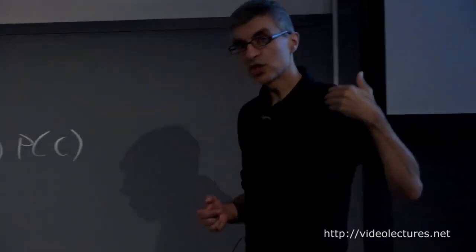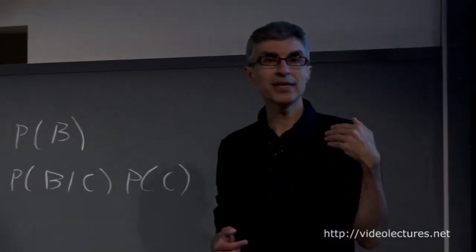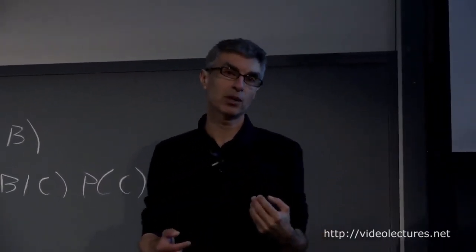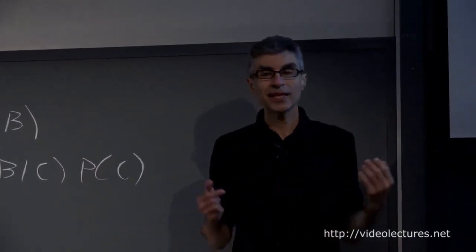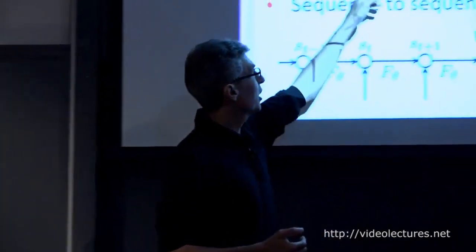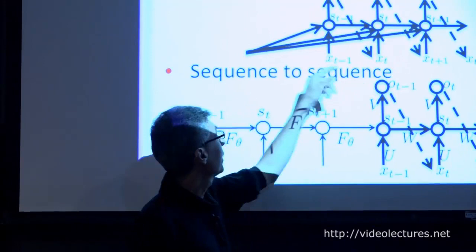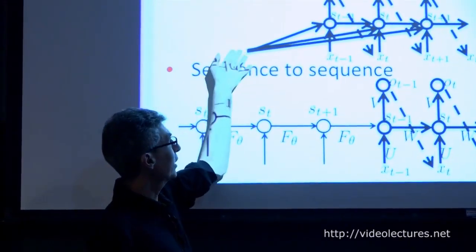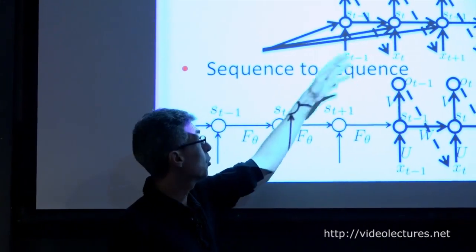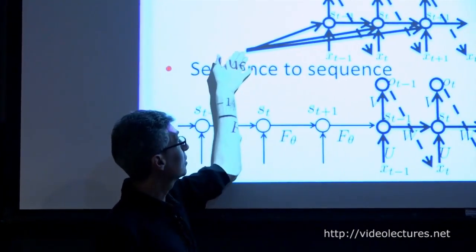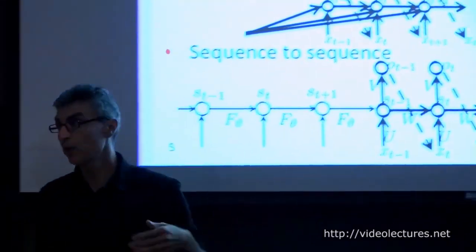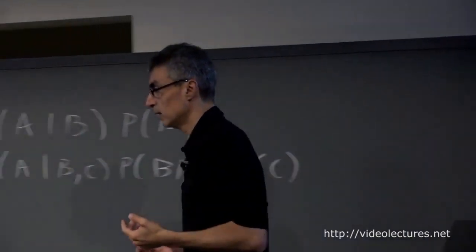As I said earlier, we can generate a sequence, but it's very easy once you have a generative model to make it a conditional generative model with neural nets. We just stick in extra inputs. So we had our recurrent net that could generate a sequence of outputs, but now we take some vector of features that we want to condition that probability distribution over sequences on, and we just use that as an extra input that's going to condition every state or every parameter, whatever parameterization we care about.